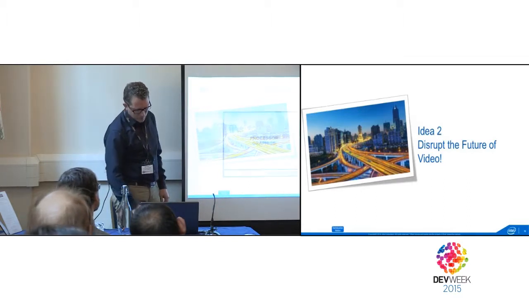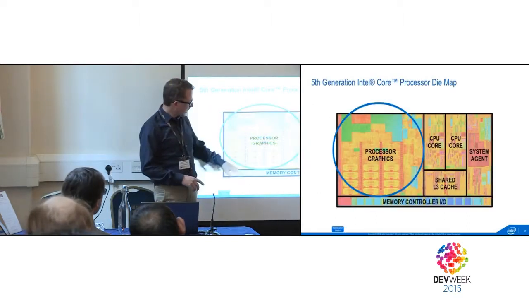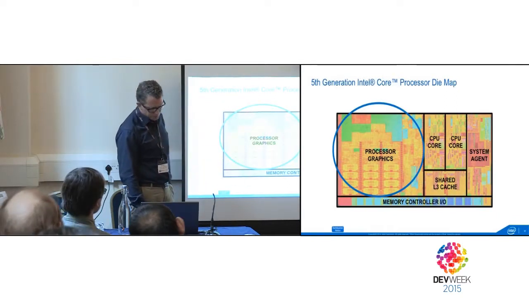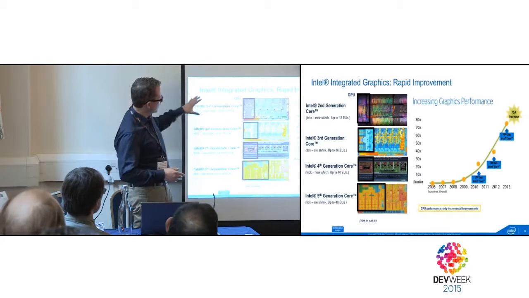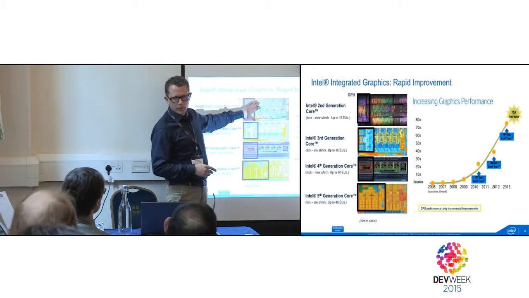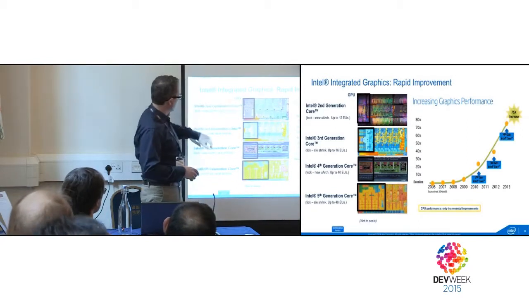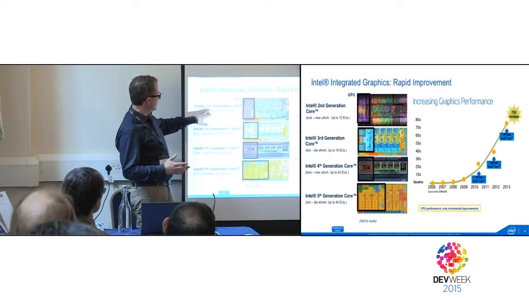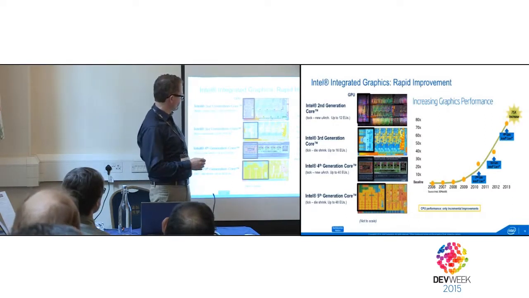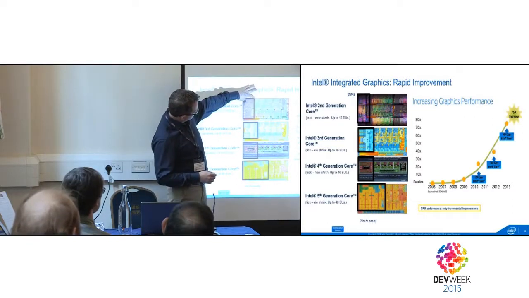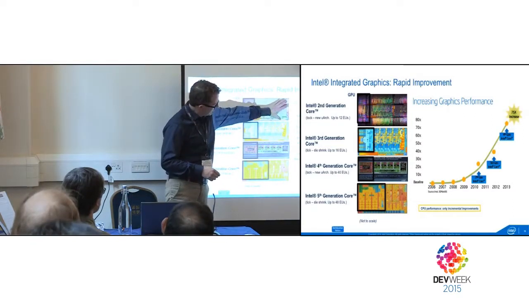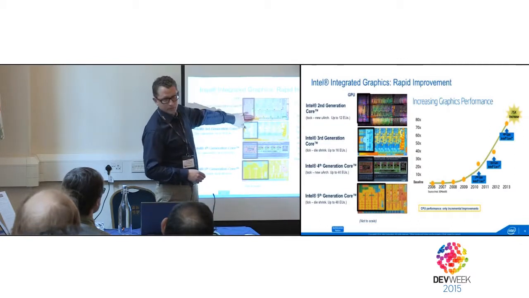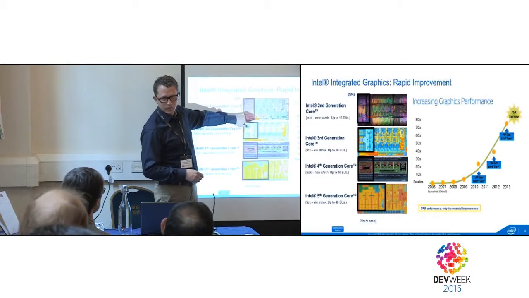And we have been thinking about this, and we have put some functionality in our integrated graphics about video. If you look at the integrated graphics, it's kind of a GPU on the die of the processor. About 4 years ago, with the Intel 2nd generation core, about 25% of the whole processor was the integrated graphics.